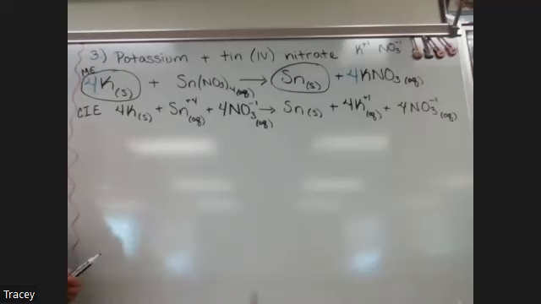If it's a spectator ion, you have to have the same charge, the same phase, the same coefficient. Everything about what you cancel out has to be exactly the same.